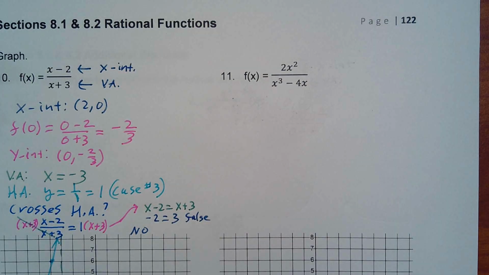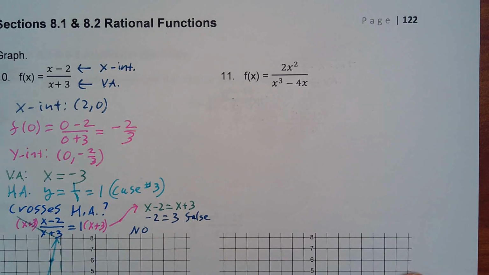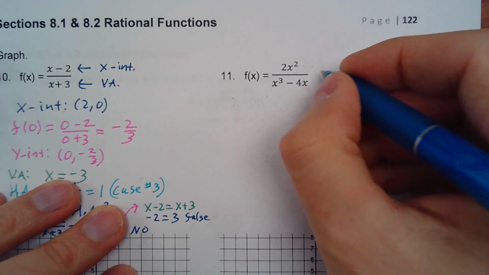So always make that a lesson for you: if you start getting stuff that doesn't make sense, double check to make sure you reduced to lowest terms. Here I forgot.